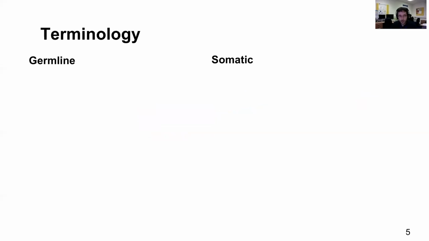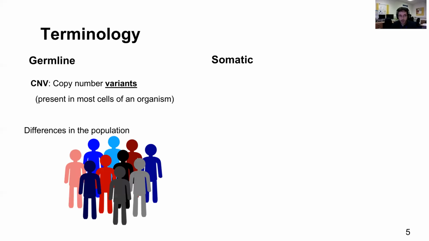I would like to also differentiate between germline and somatic CNVs. Germline CNVs are present in all, or most, of the cells of one individual, and the variability refers to differences in the population, so differences among individuals.